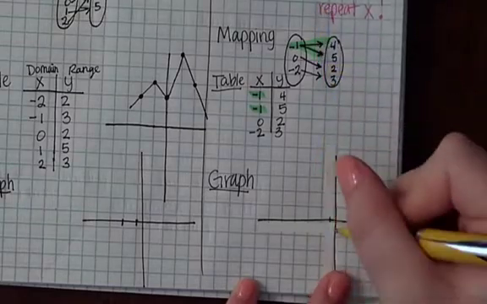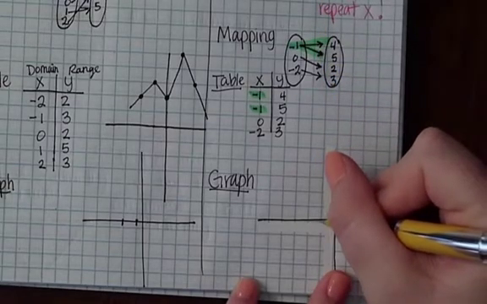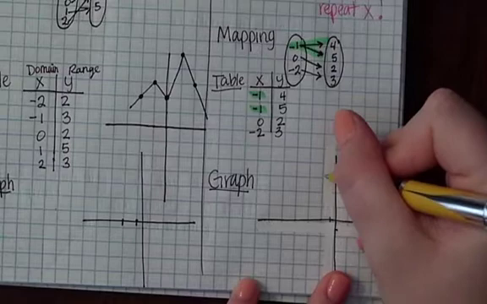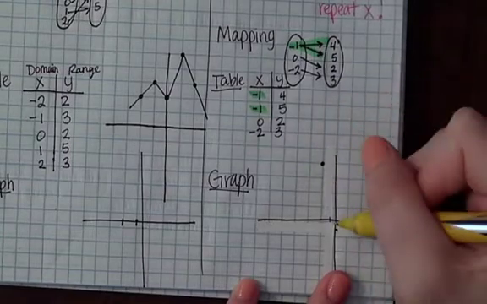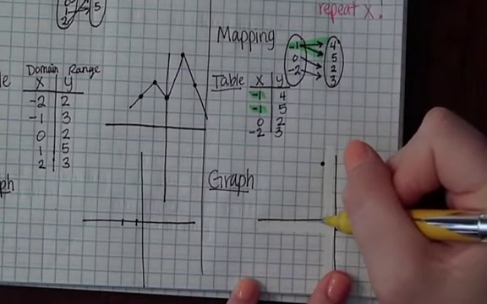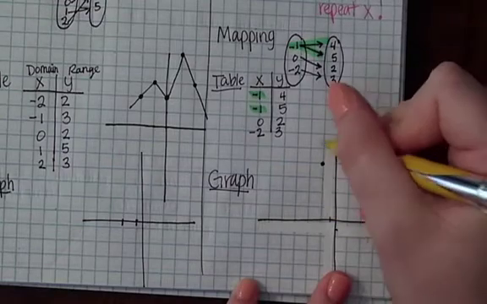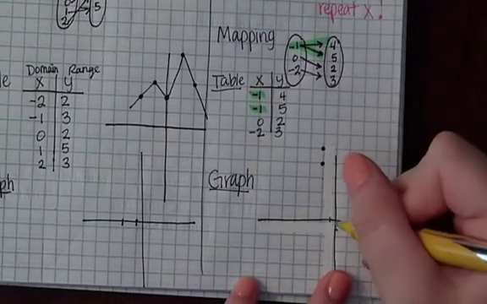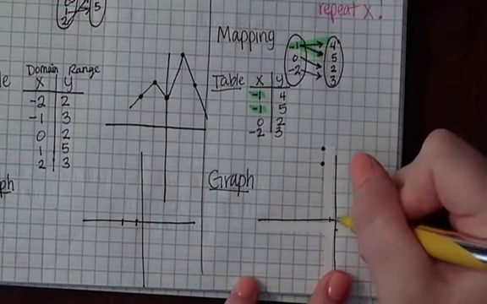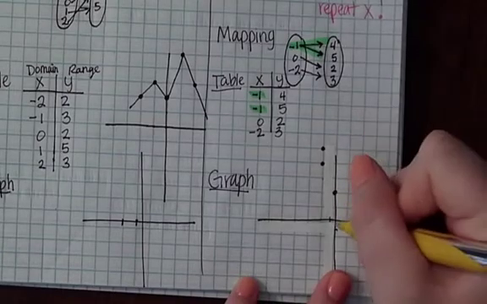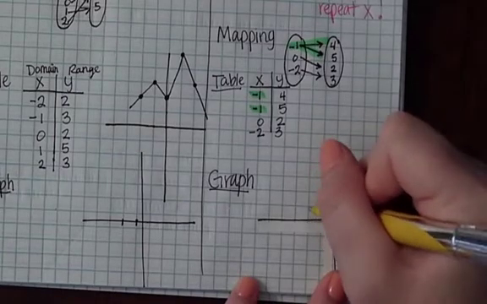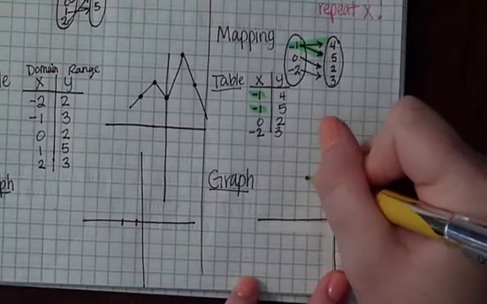But okay, so we're going to go -1, so -1, and then up to 4. 1, 2, 3, 4. I'm going to go -1, 5, so 1, 2, 3, 4, 5. 0, 2, so 0, 1, 2, and then -2, 1, 2, up, 1, 2, 3.